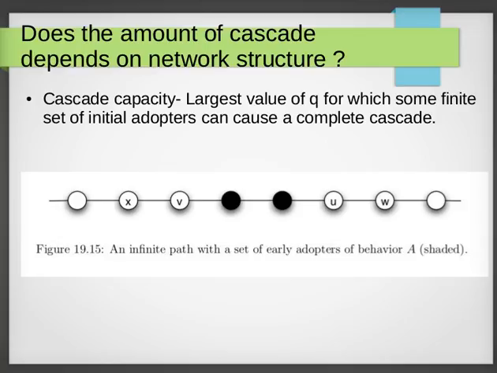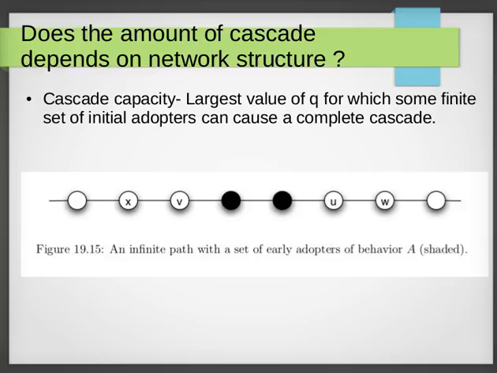If my threshold is 0.8, it will be difficult for me to adopt a technology. If my threshold is 0.2, then I only need 20% of my neighbors to adopt that new technology for me to adopt it. So we are trying to find an upper bound on this threshold, starting from some nodes in the network, for which you will have a complete cascade in your network.